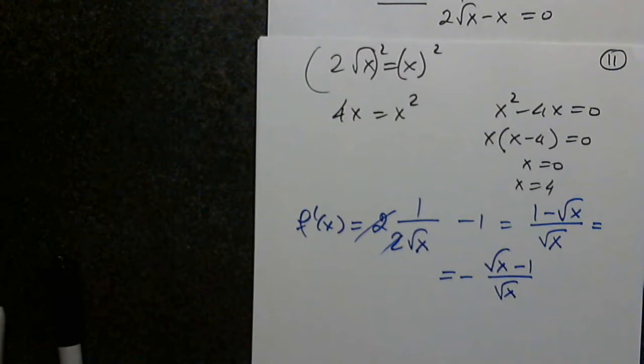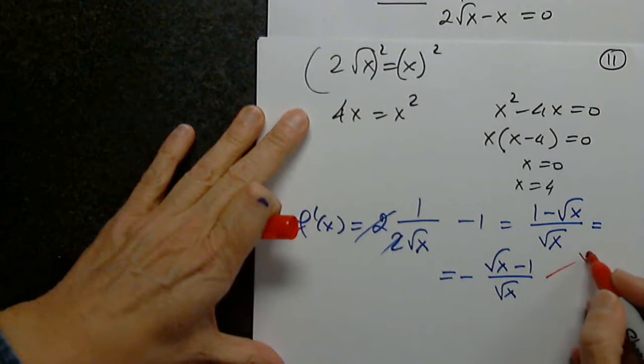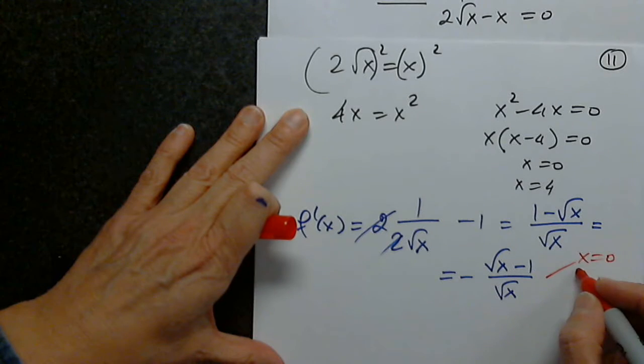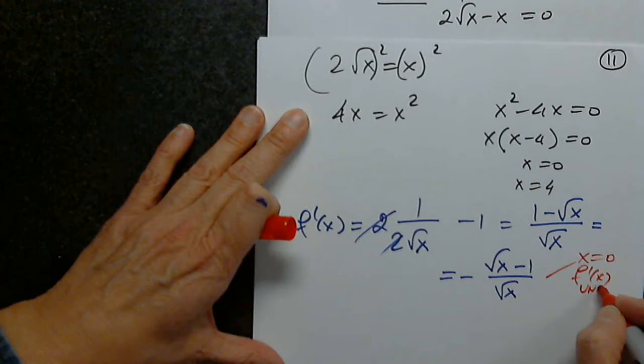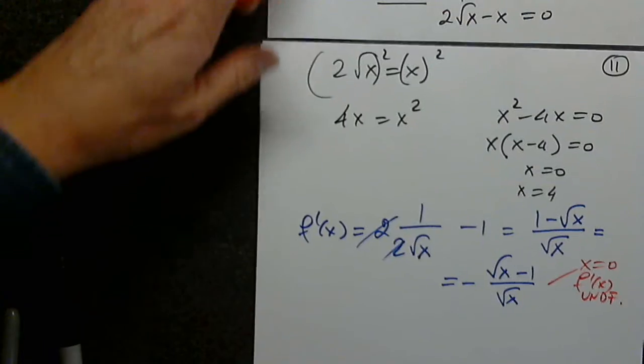So I look at f prime. What am I trying to find now? Critical numbers. In this case, critical numbers come from 2 sources. Yes, very good. So when x is 0, f prime is undefined where the function is defined.